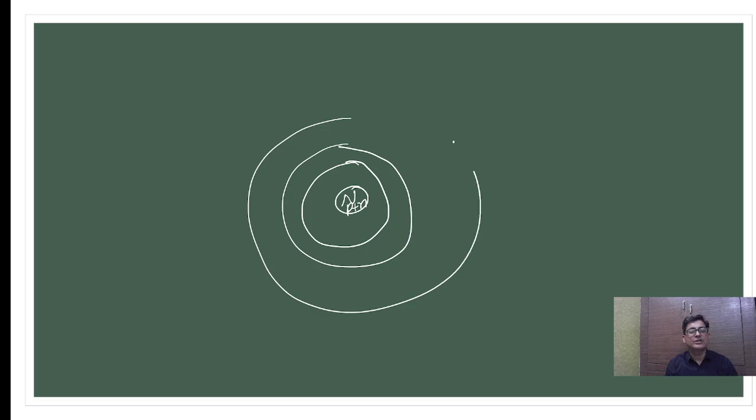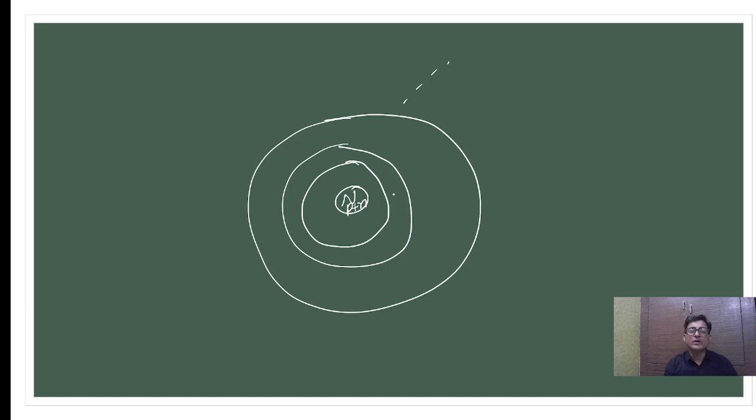As proposed by Bohr, the atom appears like this: at the center is the nucleus, where protons and neutrons, called nucleons, are present, and then the first shell, second shell, third shell, and so on. These are all imaginary energy levels proposed by Bohr.